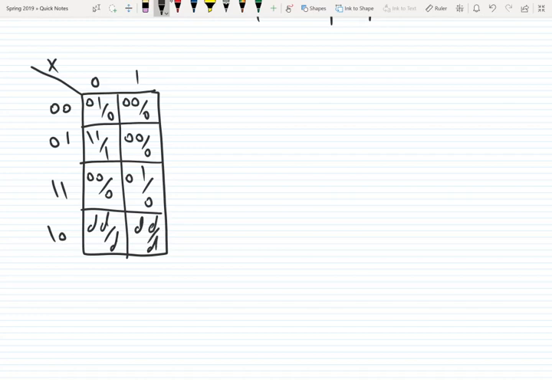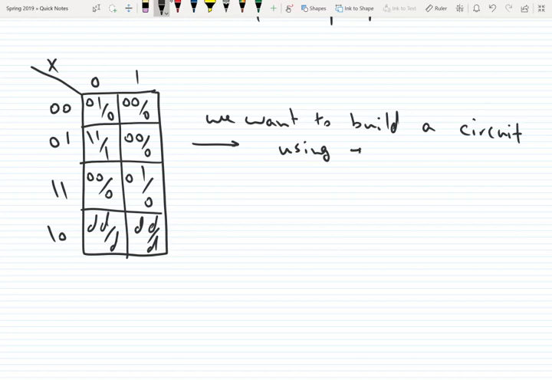This one is the table from the previous example, and now we want to build a circuit using JK flip-flop to implement this table.